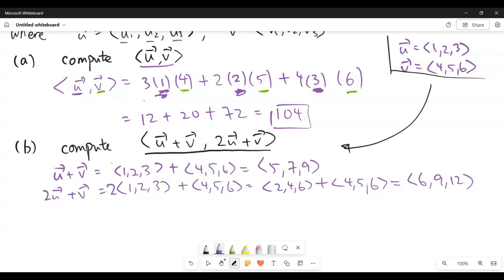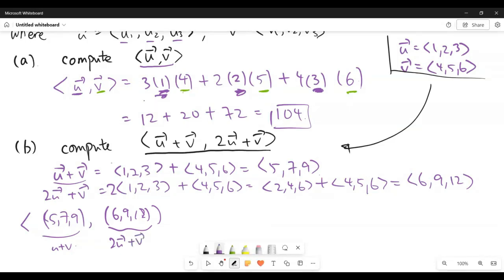After you get these two vectors, you have to compute the first one, which is 5, 7, 9. The second one is 6, 9, 12, which is 2u plus v. Now, this calculation is really the same as part A. So you just have to do this one, one by one, please.